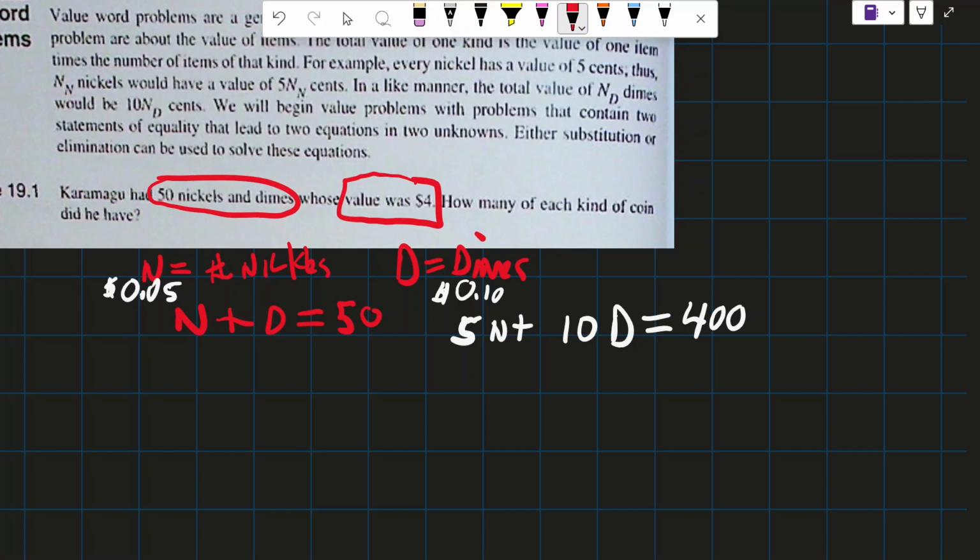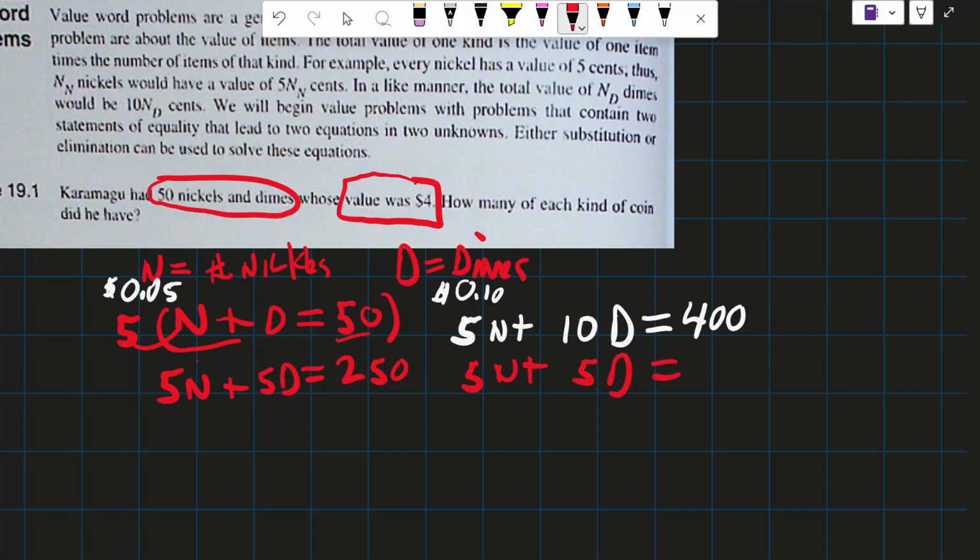So what I want to do is take this first equation and multiply it by the number 5 so that I get 5n plus 5d equals, don't forget you got to distribute to all three terms. So 50 times 5 would be 250. Now I'm going to take this equation and slide it right underneath the white equation.